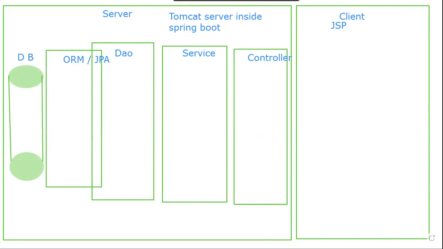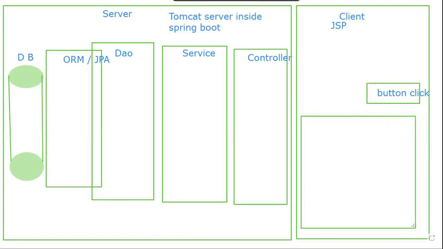So when a web page is accessed by the client, and when a request is given, when a button click happens, let's take here button click. When a button click happens, from here the control first goes into the controller.